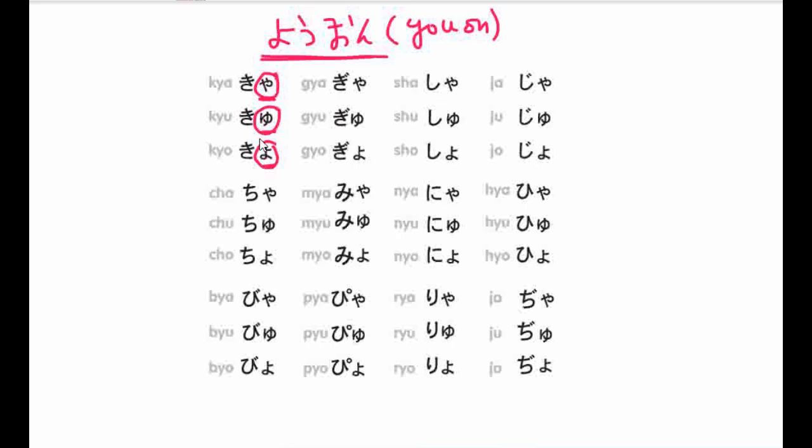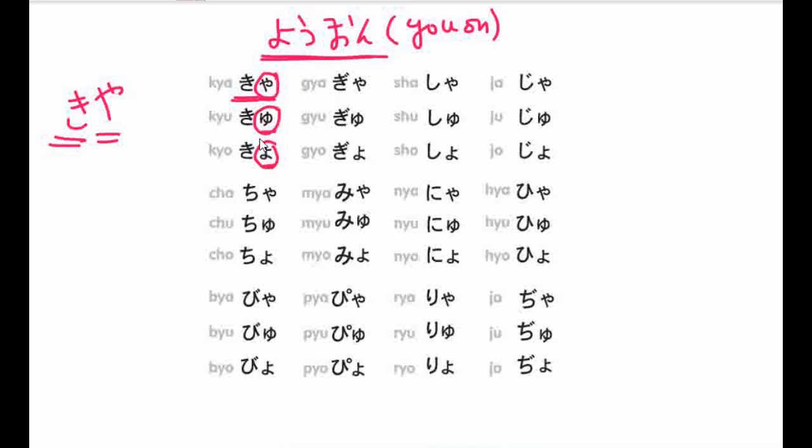If I write, for example, this word ki, and then I write a bigger ya, it will be the same size as ki, like this. But here you see the size of this ya is smaller than the letter ki.